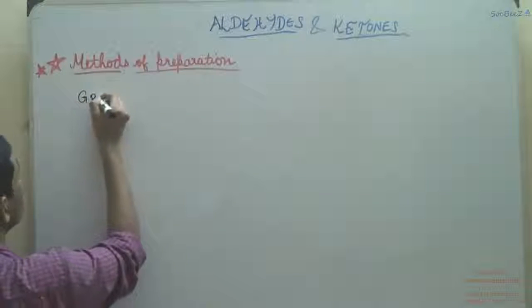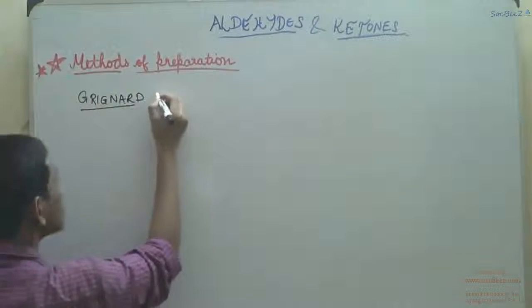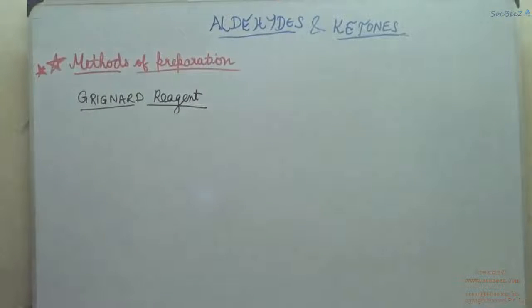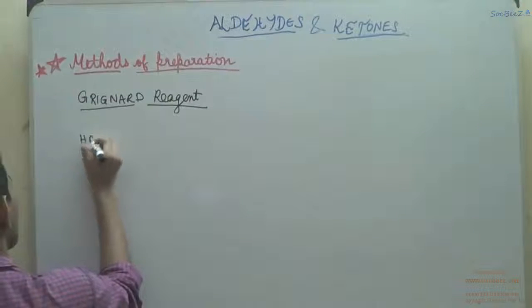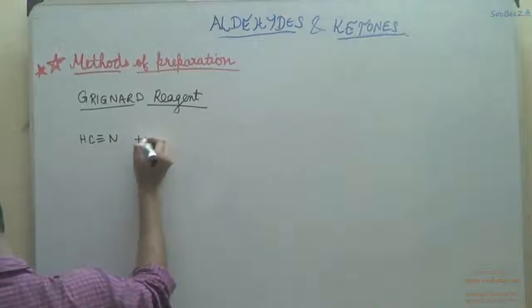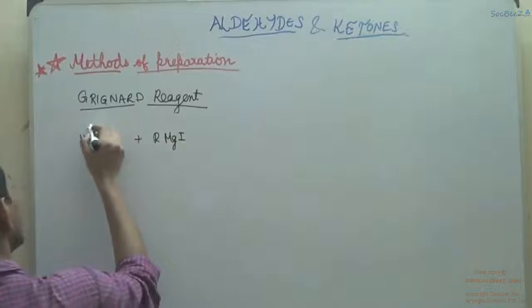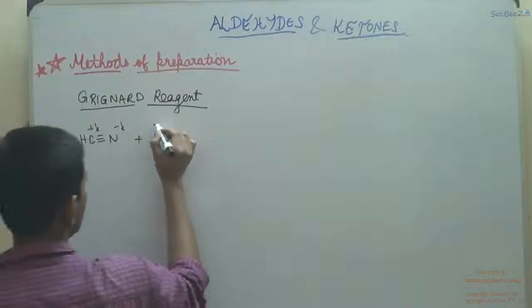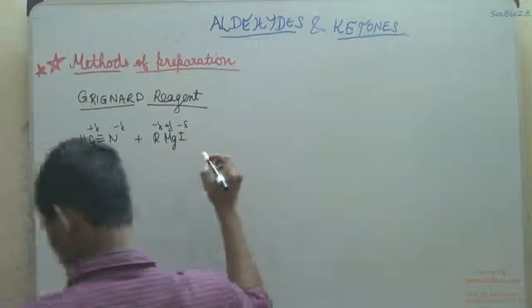So from Grignard reagent, let me write down first, then I'll explain. This is delta plus, delta minus charge, and here this contains negative charge, this negative and this positive, which you know in Grignard reagent.